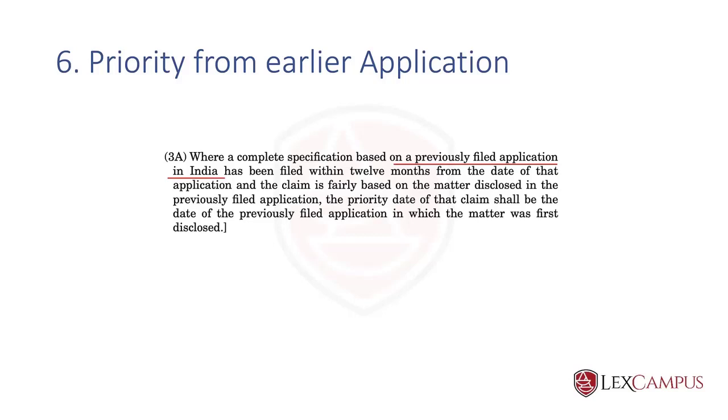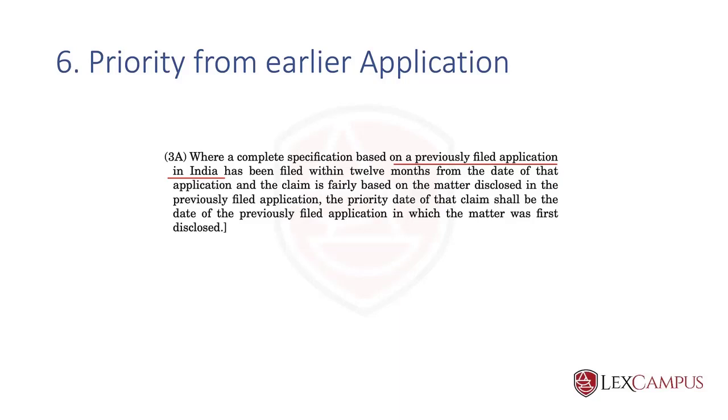This is important because it talks about a situation where you claim priority within India, say by filing a provisional followed by a complete. In cases where there are two applications filed and one is a complete that takes the priority from an earlier application, insofar as they are filed in India, it has to be within 12 months and you can take the priority from the first disclosed matter.